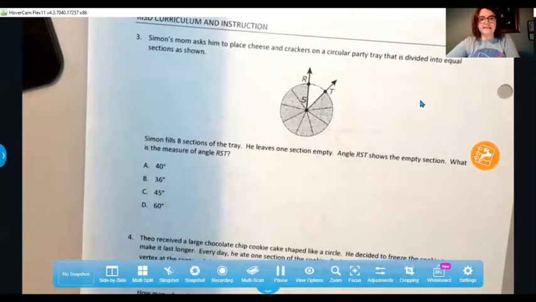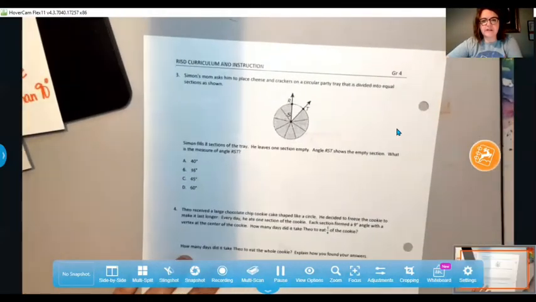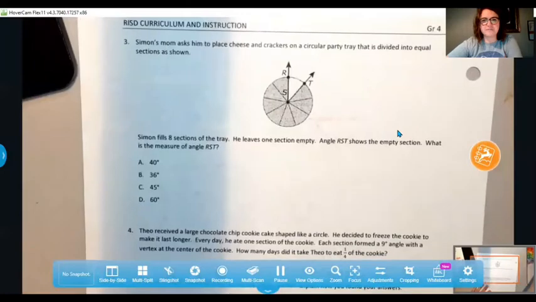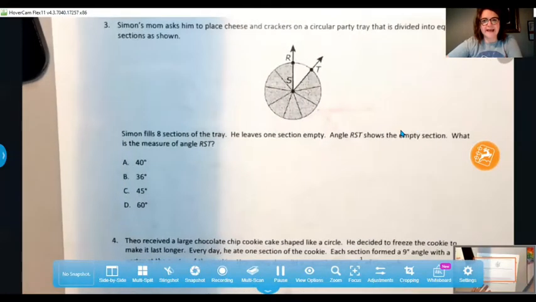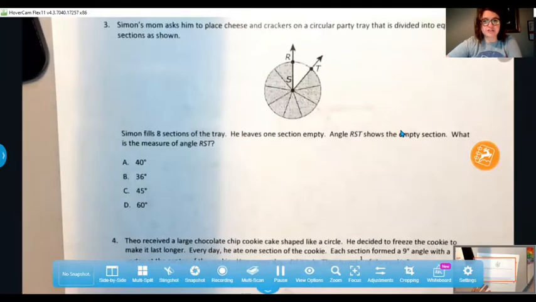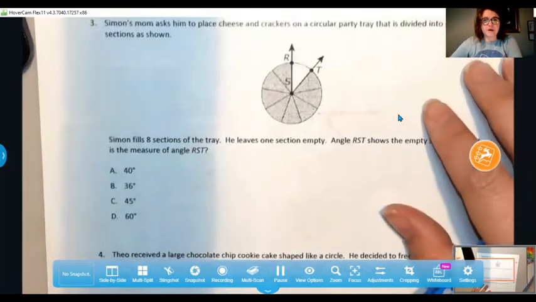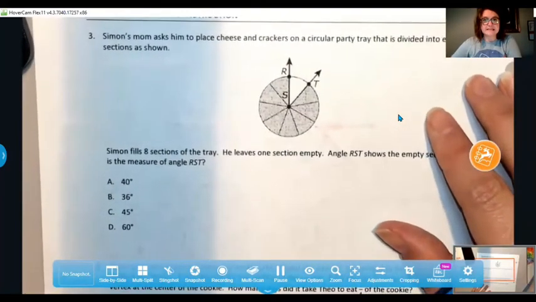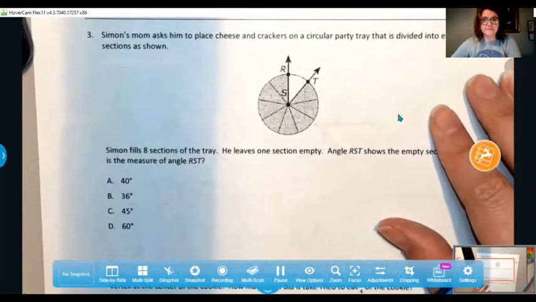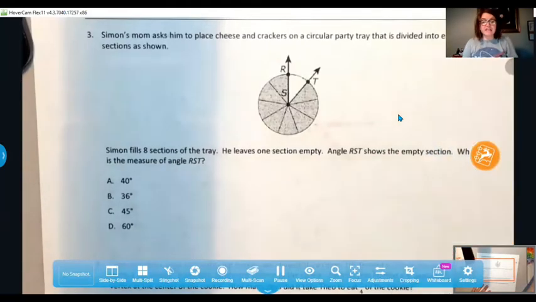All right. This is going to be very similar to questions you've done before. I'm going to ask you to do question number 3 on a piece of paper, take a picture of it, and then turn it in to your teacher, whether it's on Google Classroom or on Facebook or on Class Dojo.